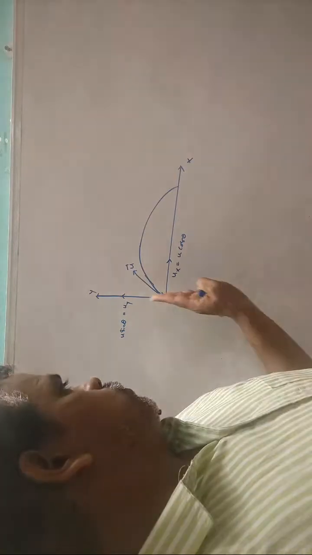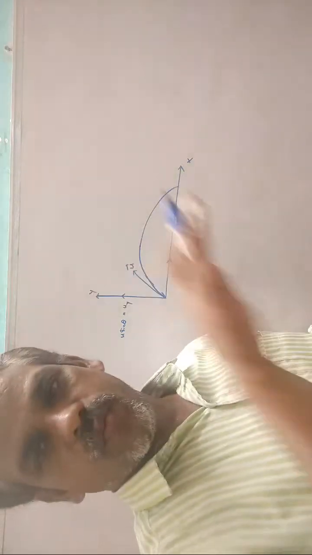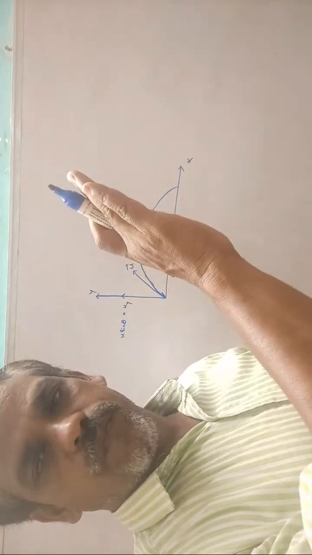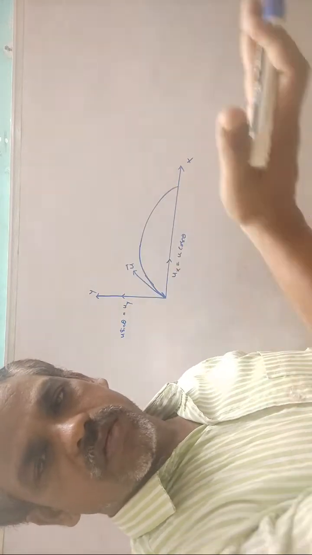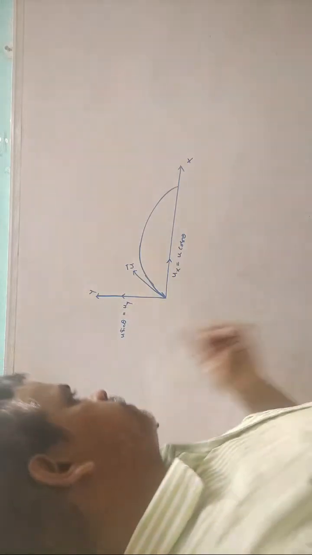See, we projected a body with velocity u. That vector has a horizontal component and a vertical component.